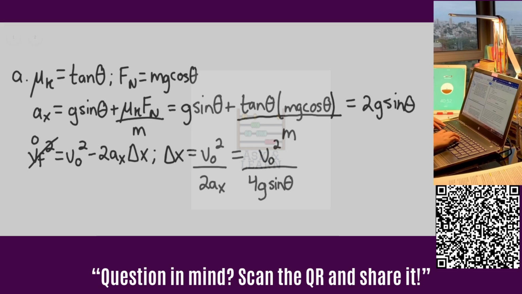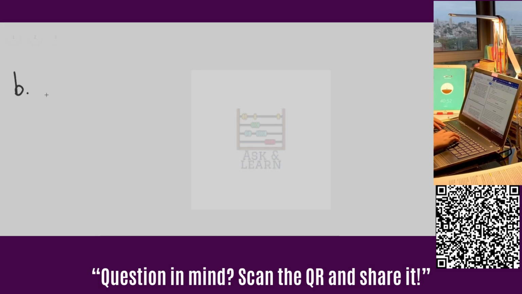For part B, we know that almost always the coefficient of static friction is going to be greater than the coefficient of kinetic friction. And so the angle of repose, this would of course be the minimum angle necessary for a stationary block to start sliding downhill.